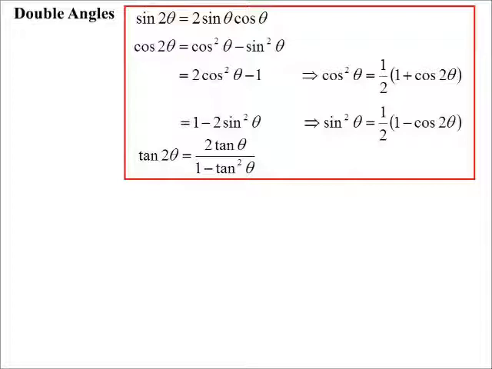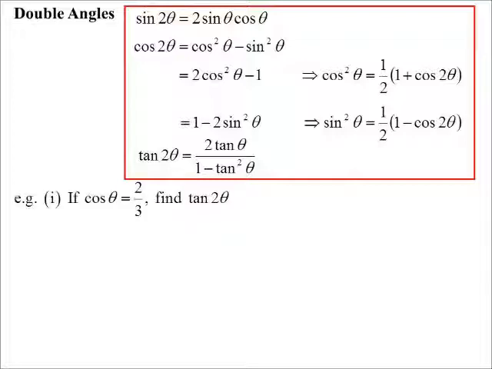Those two relationships are going to become really important when it comes to integrating trig functions next year. And in fact, next year I'll probably say, hey, remember last year when I said those things are going to become really important? And I'll go, remember what they are? And you'll go, no. Right? And then I'll remind you. But trust me, they will become very important.